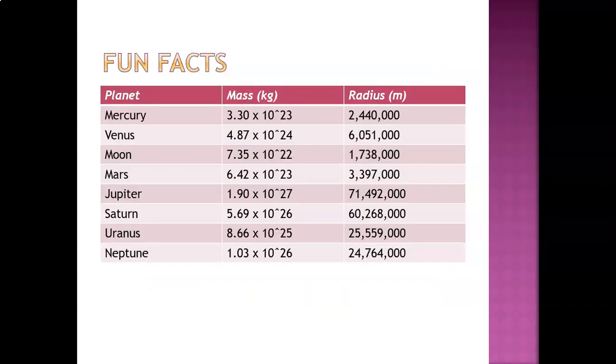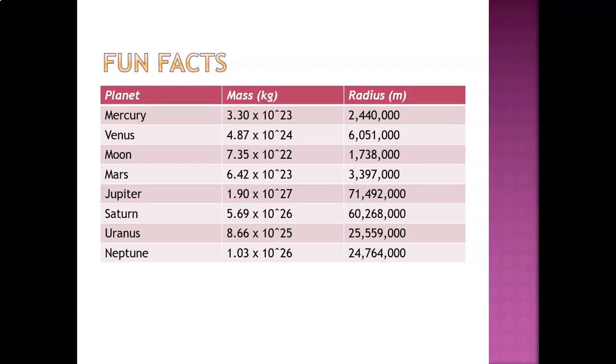A few fun facts. Now, you don't need to memorize these, and I know they're not on the formula sheet, but for the purpose of our example, we've been able to calculate masses and radiuses of several bodies within our solar system, and that would include things like Venus, Mars, Neptune, the Moon, and so on.